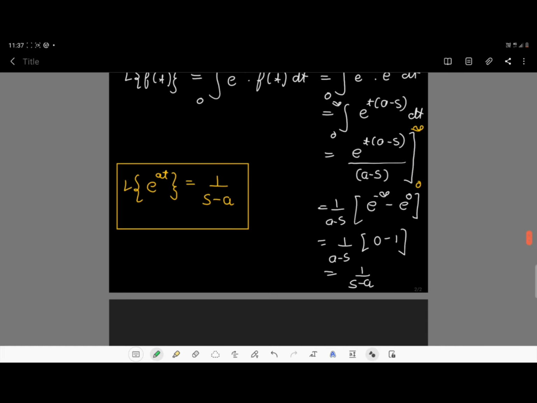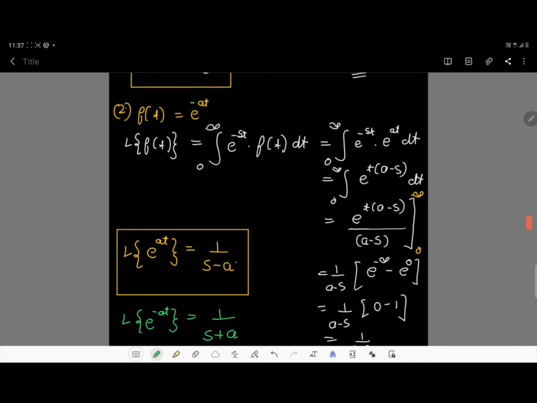So this formula will then become, Laplace transform of e raised to power minus at would be 1 upon s plus a, because instead of this a we will have minus a, right? Then it will become s minus of minus a, this will become s plus a, right?